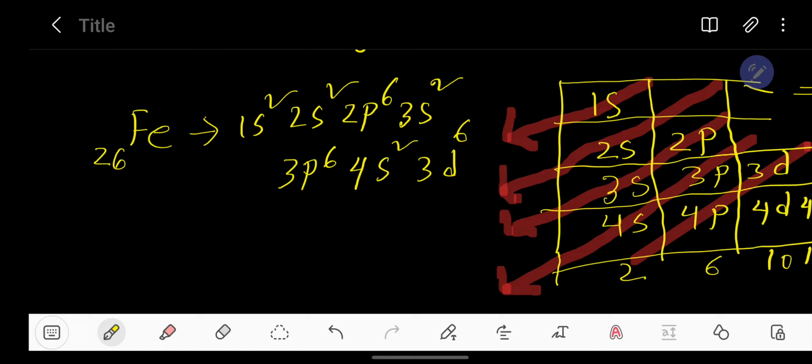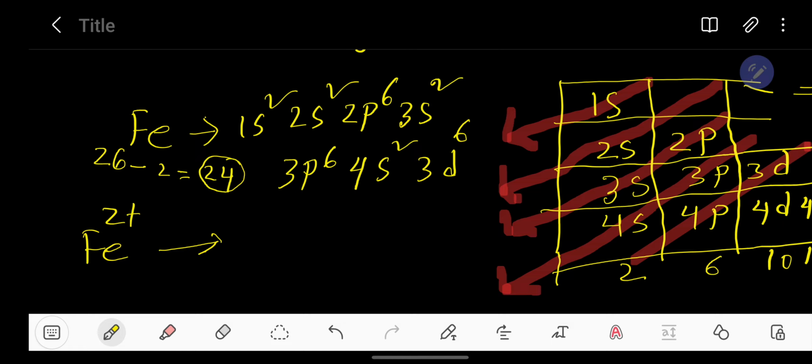Okay, now we'll write the electron configuration of Fe2+. Fe2+ means you have to remove 2 electrons from the neutral atom. So if you remove, then you have 24 electrons for Fe2+.